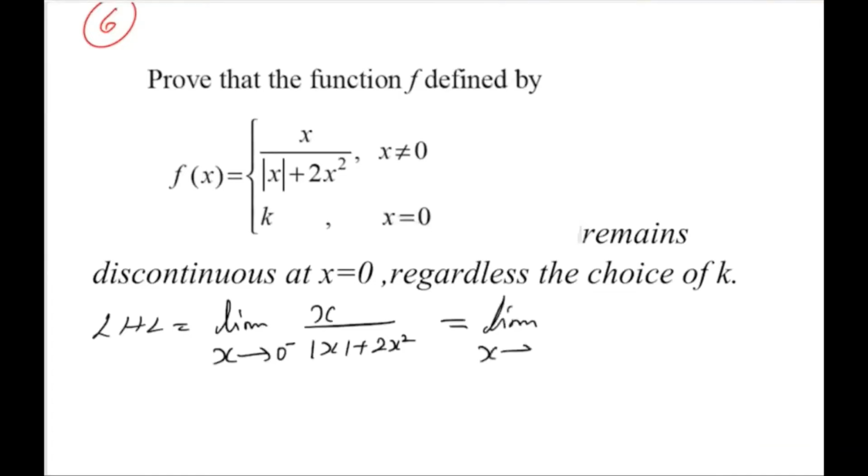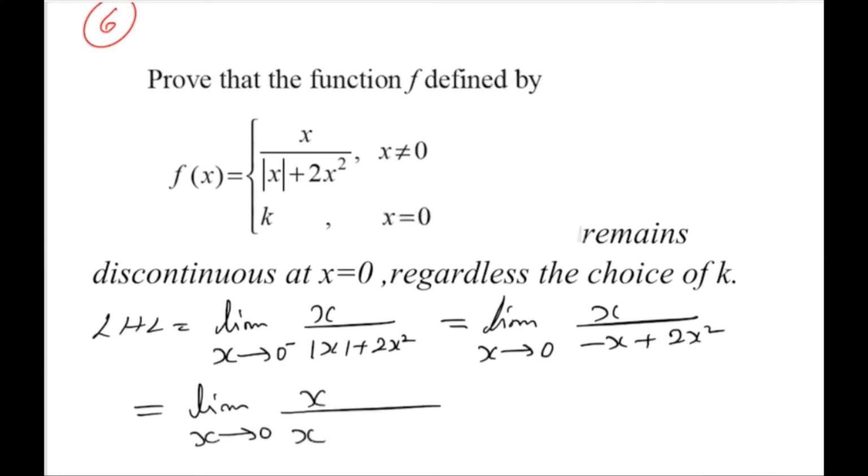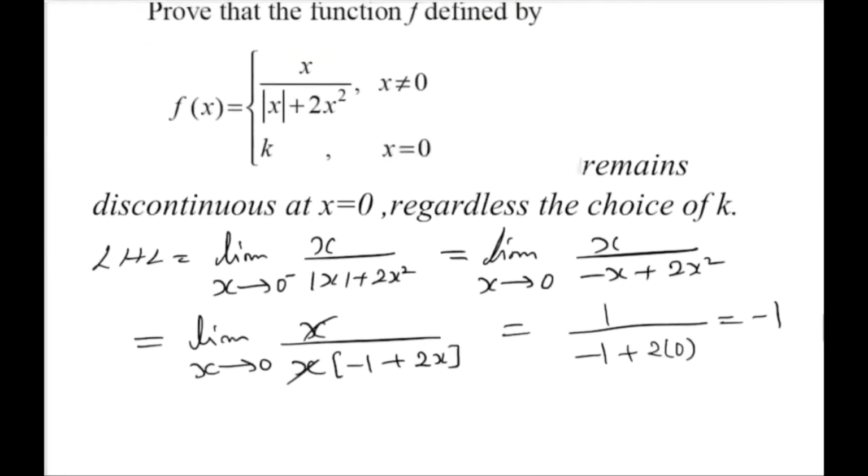Limit x tends to 0, x upon minus x plus 2x square. Now we shall simplify this. Limit x tends to 0, x upon x times, taking x common factor, minus 1 plus 2x. These two get cancelled. In the next step, when you substitute the values, you get minus 1 plus 2 times 0. That is minus 1. So the left-hand limit is minus 1.